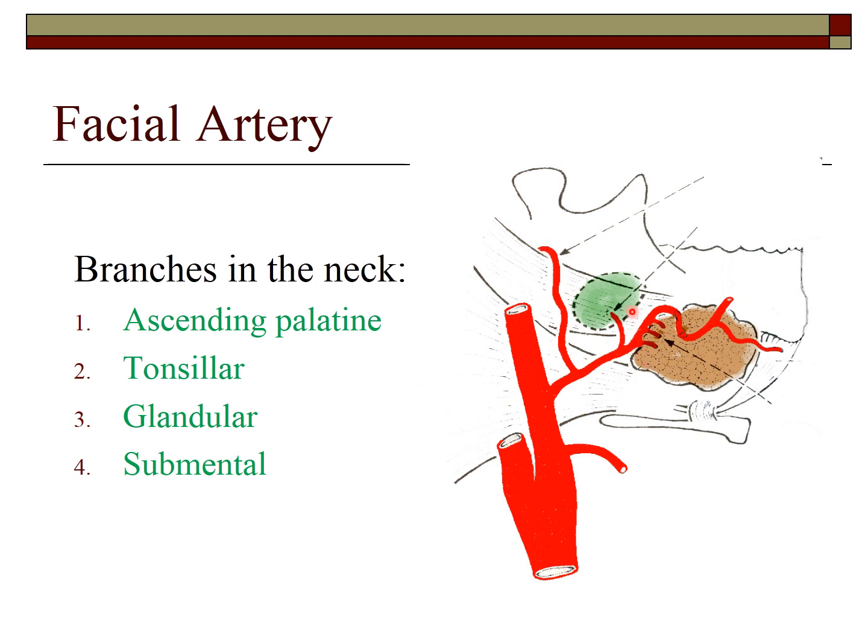The second branch goes to the palatine tonsil. It is the tonsillar branch. The third goes to the gland. These are glandular branches. Number 4 is a branch that goes to the submental region. It is one of the contents of the submental triangle. This is called the submental branch.